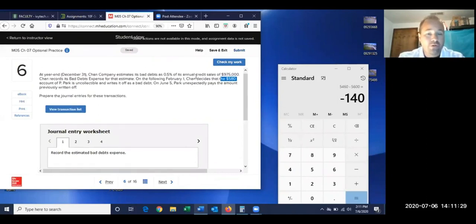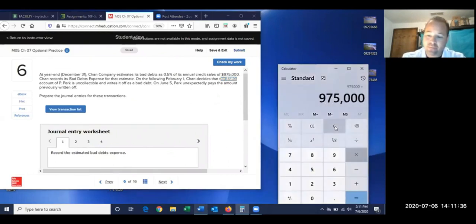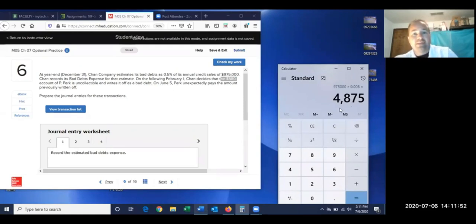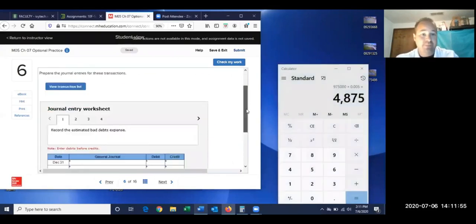So all we're going to do to record the bad debt is take 975,000 times 0.05. That's 5%. This is actually 0.5%. Oops, that's too much. 0.005. That tells me that 4,875 is not going to be collected.